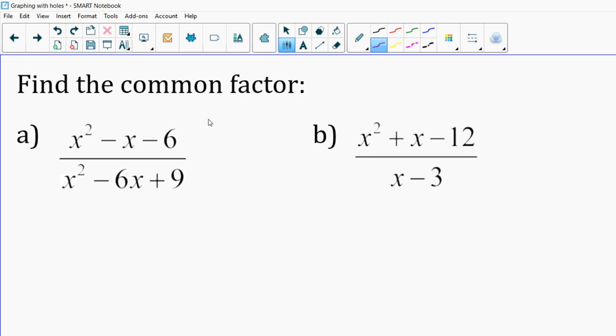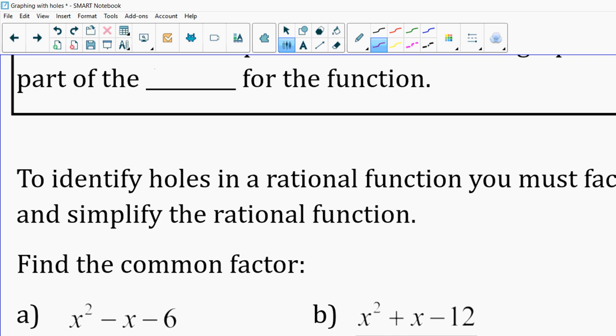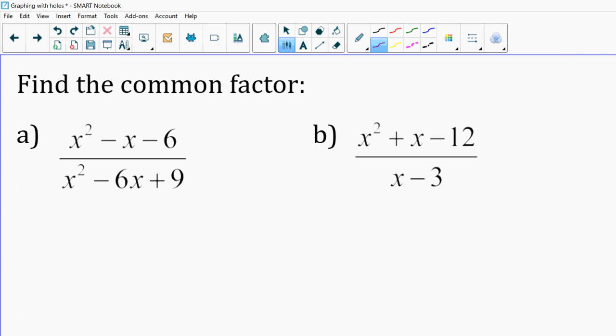We're going to look at this fraction before we go on and do anything else with the graph. If you'll notice, the instructions say find the common factor. So what you're needing to do is factor the top and the bottom. So let's factor the numerator.